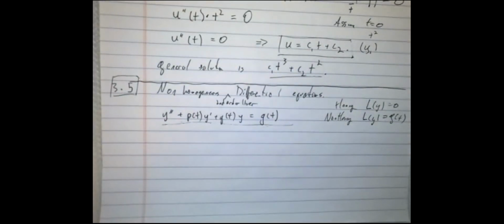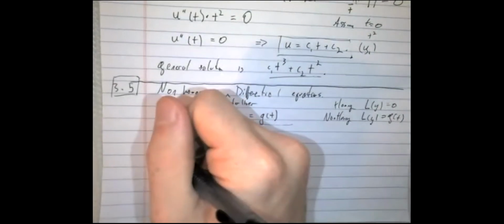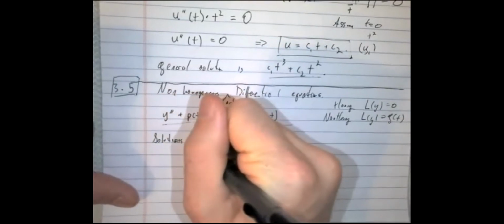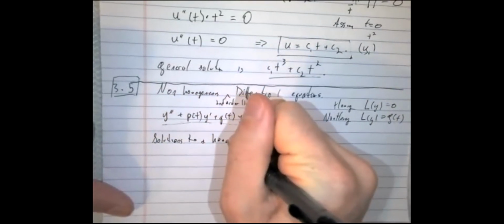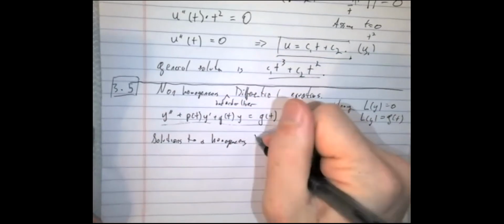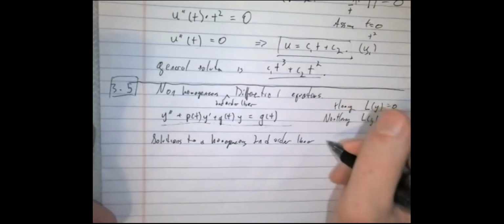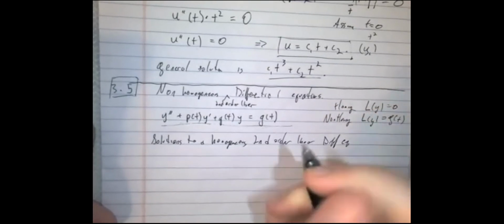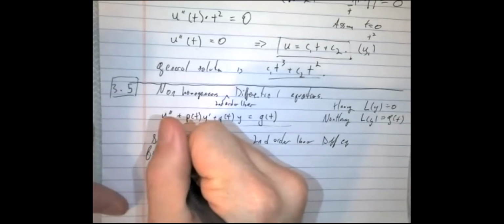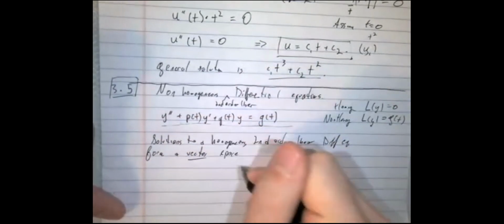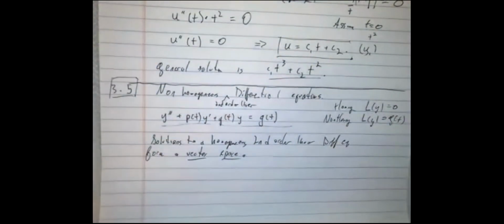So no one else has said the magical words, but solutions to a homogeneous second order linear differential equation form a vector space. That is, when you add two solutions, it's still a solution.